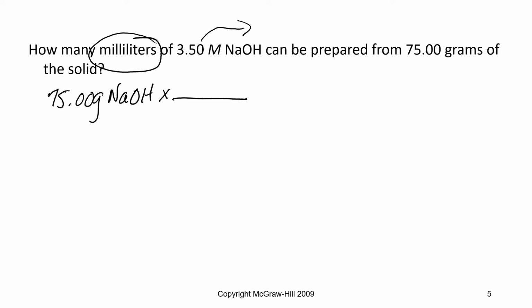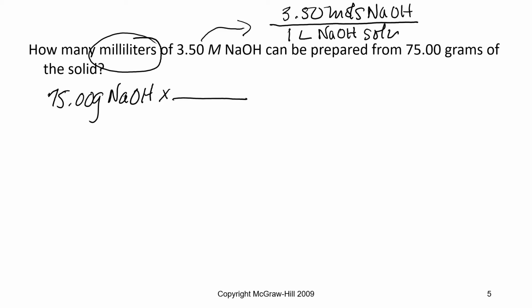This tells me that I have 3.50 moles of NaOH in 1 liter of NaOH solution. So I need the molar mass here, and this is 40.00 grams of sodium hydroxide per 1 mole of NaOH.